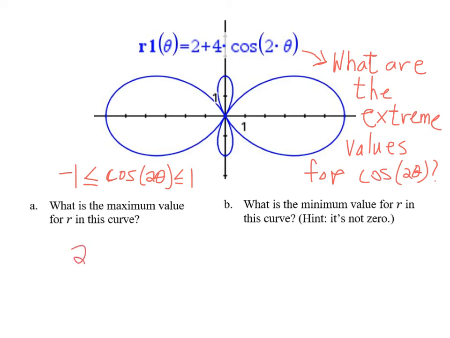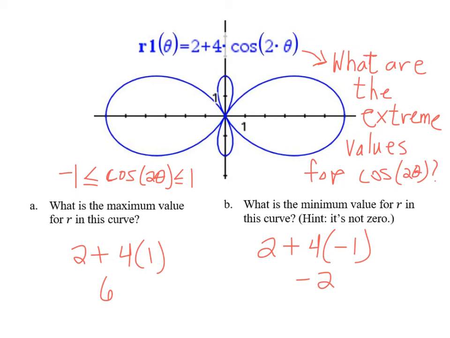We'll have 2 plus 4 times 1. That will give us 6. And that's certainly going to be bigger than going the other way if we have 2 plus 4 times -1, right? That's going to be 2 minus 4. So it looks like the smallest value we can get for r is -2.